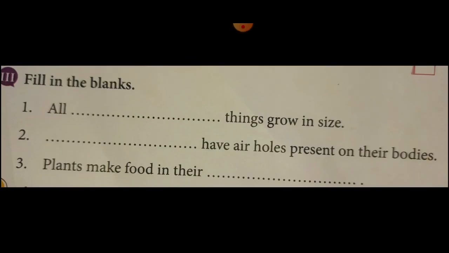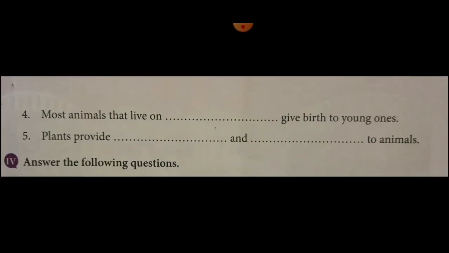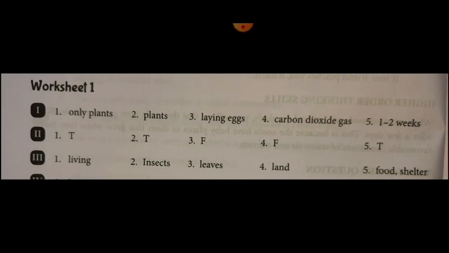Insects. Third question, plants make food in their dash. Which is the kitchen of the plant? Leaves. Look, leaves. Fourth question, most animals that live on dash give birth to young ones. On land.